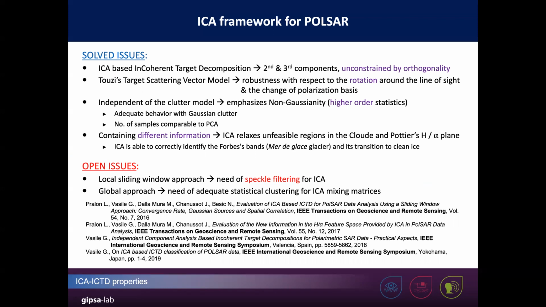Now, 2 open issues are still in progress, namely how to apply speckle filtering within a local sliding neighborhood, and how can we obtain a classification in this space of mixing matrices in order to apply our algorithm as a global approach.